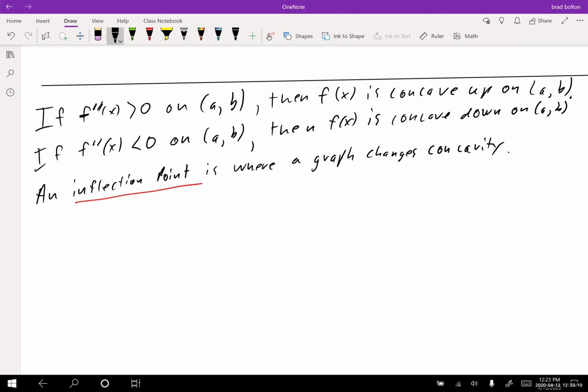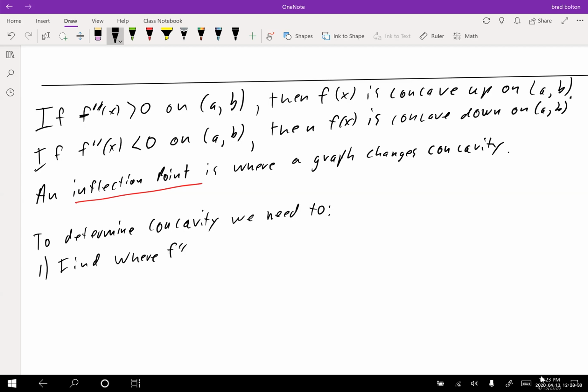So let me give you a little bit of instruction. So to determine concavity, okay, the first thing we would do is find where f double prime of x equals 0 or does not exist.